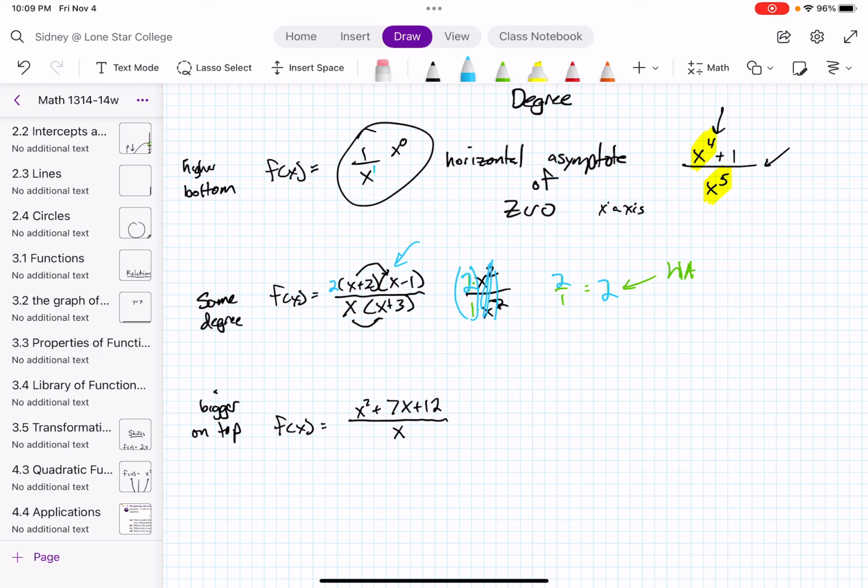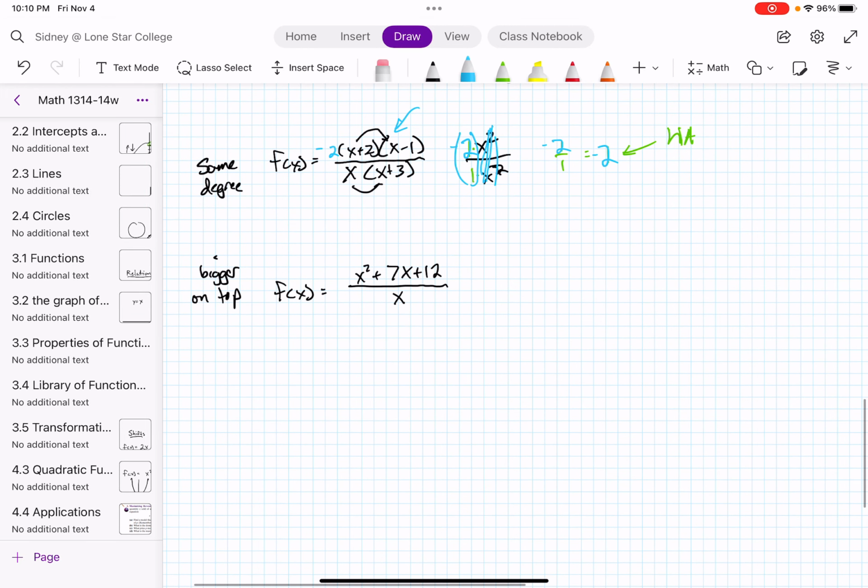So horizontal asymptote of 1, horizontal asymptote of 2. If there had been a negative, we'd change everything to negative. It'd be negative 2. But it's completely dependent on the leading coefficients of those polynomials.